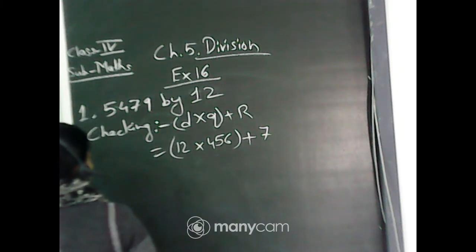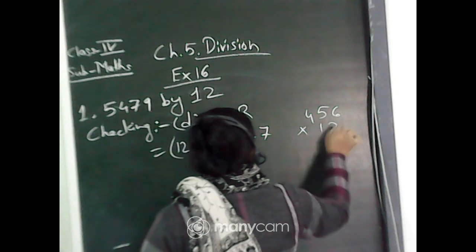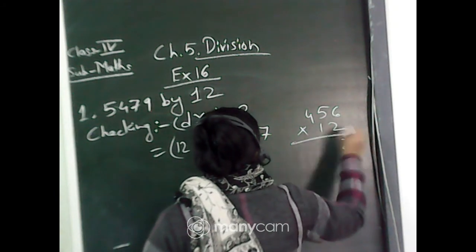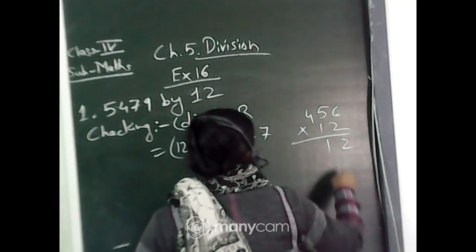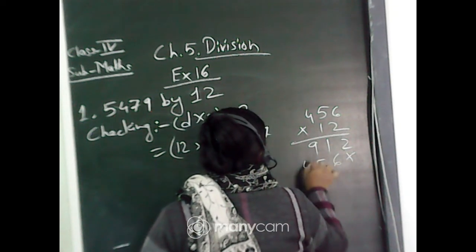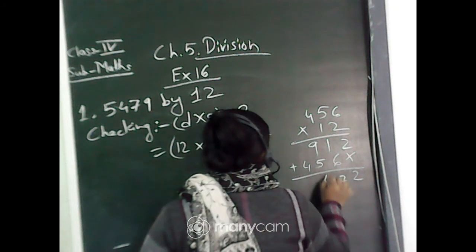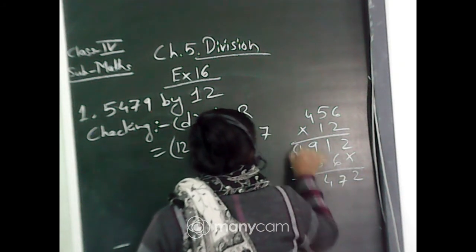Okay, so multiply in the rough. 456 into 12. 2 sixes are 12, 2 ones, 2 fives are 10, 11, 2 fours are 8, 9. 1 six is 6, 1 five is 5, 1 four is 4.